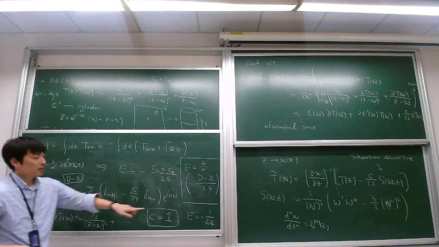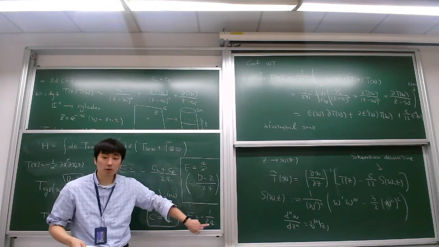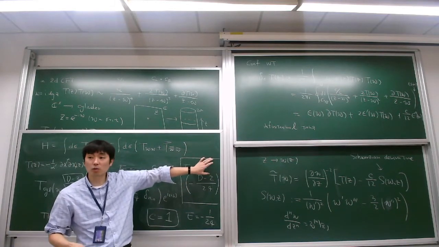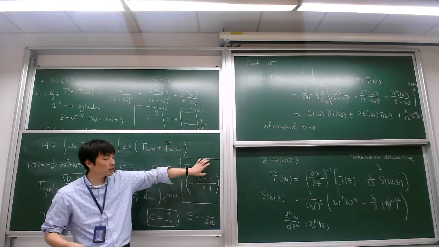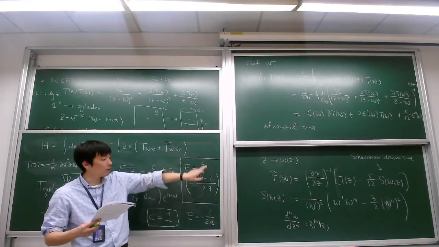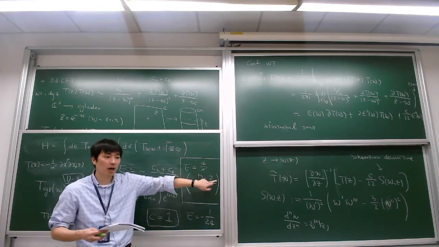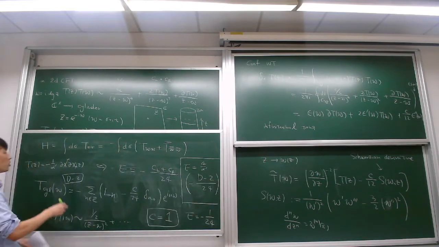So therefore each dimension you get minus 1 over 24, and then up to the normalization 4 over alpha prime. I think I just omitted the normalization of 4 over alpha prime, and if you take the light cone gauge, you get the d minus 2 directions you need to consider for mu.